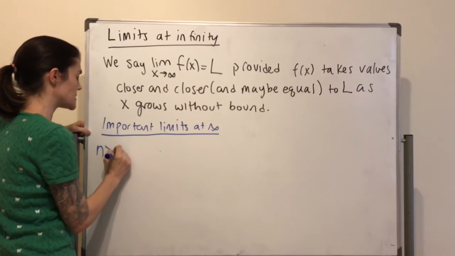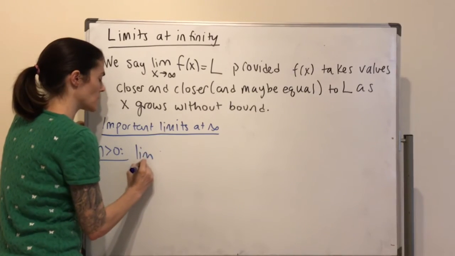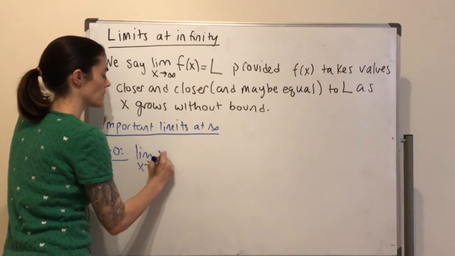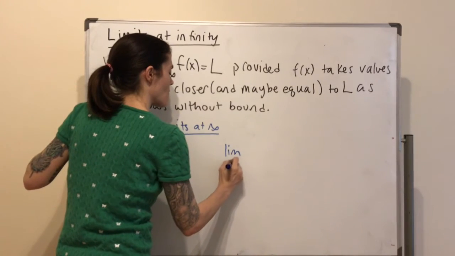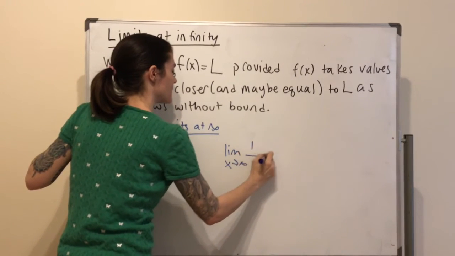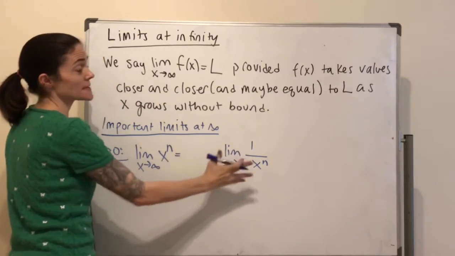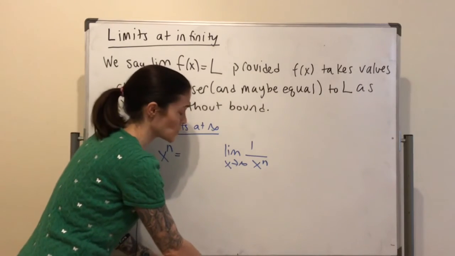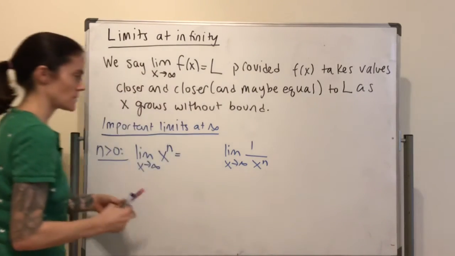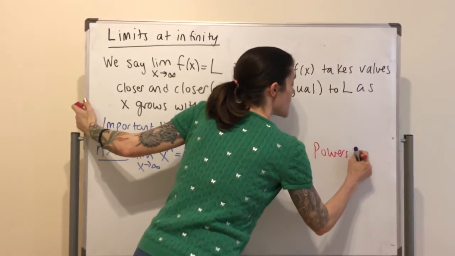First of all, let's take n bigger than 0, and we will look at two limits, this and, well, this one, both of these are powers of x. Maybe I should write this before we address what is the limit. But these are both powers of x.